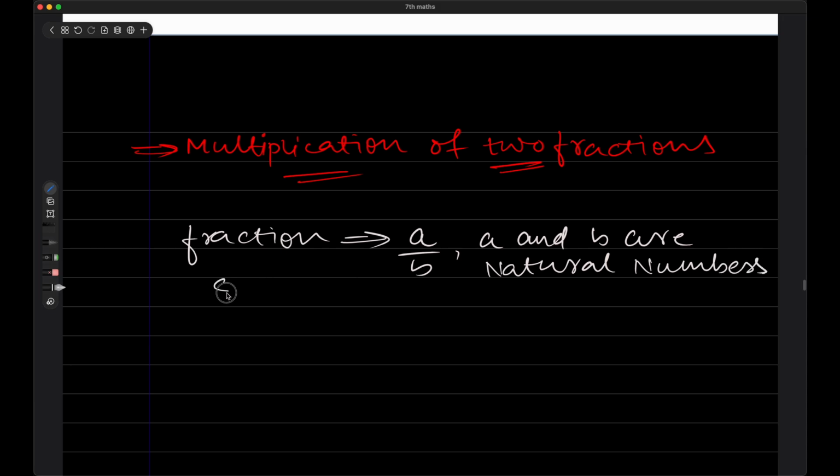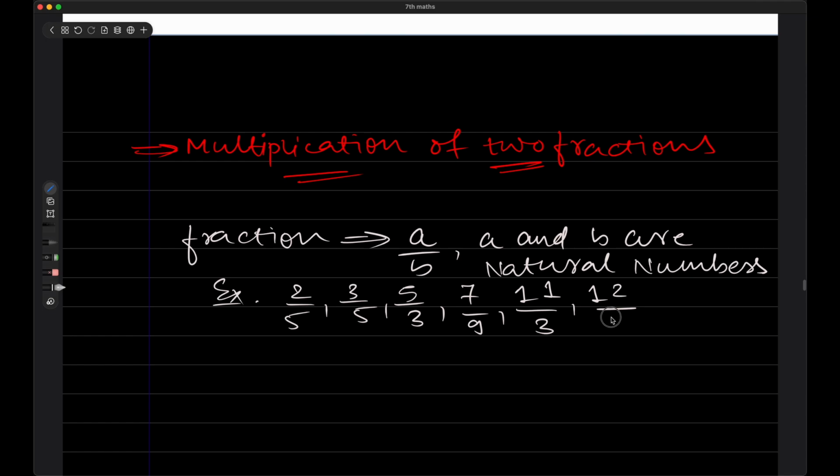If we take examples of fractions, that is 2 by 5, 3 by 5, 5 by 3, 7 by 9, 11 by 3, 12 by 5, and so on. We have also covered that if the numerator is less, then it is a proper fraction, and if the numerator is greater, like 11 by 3, it is an improper fraction.